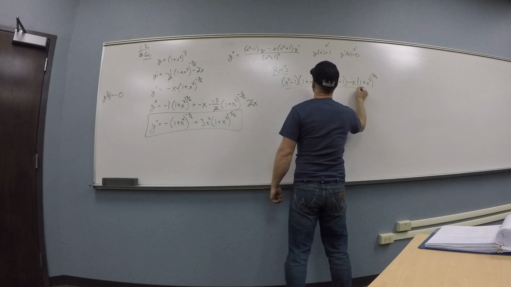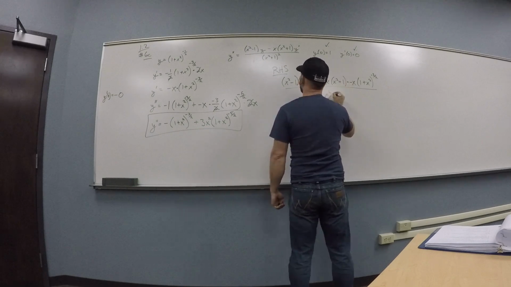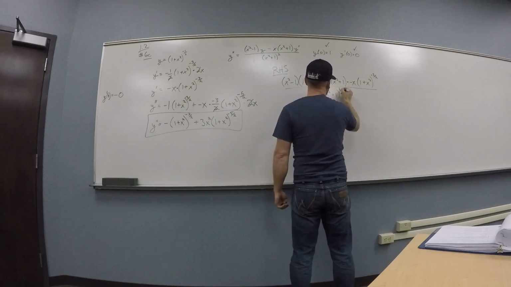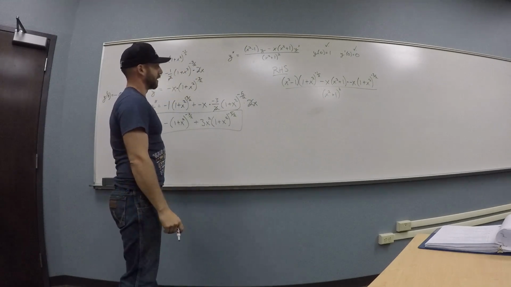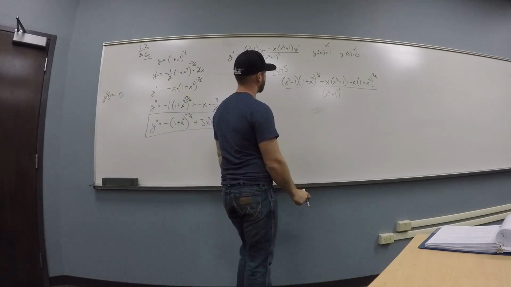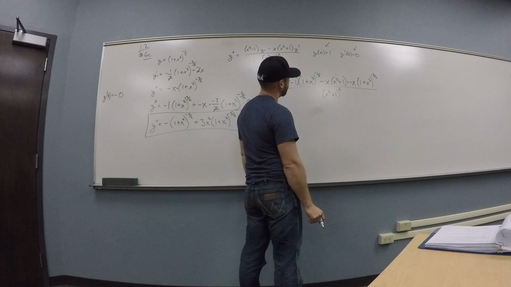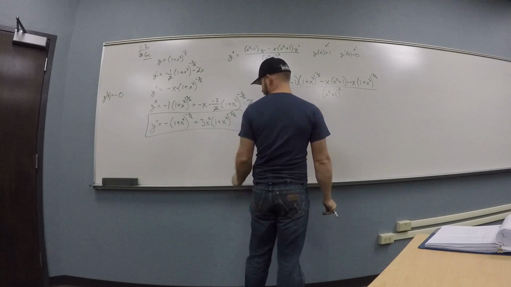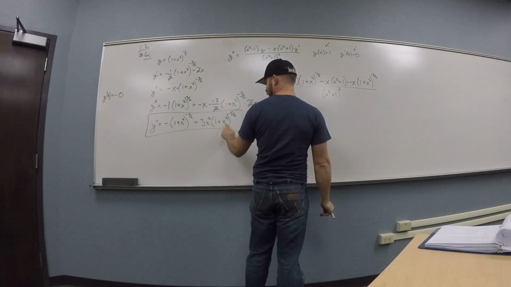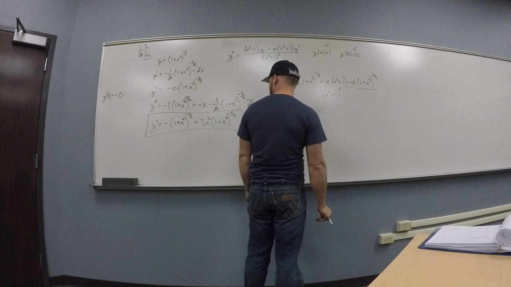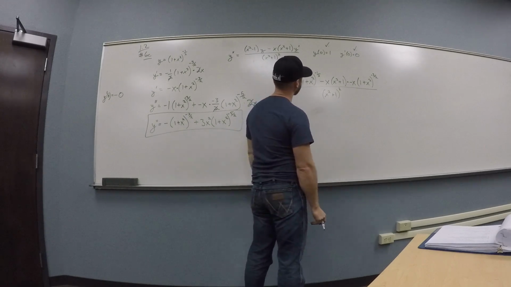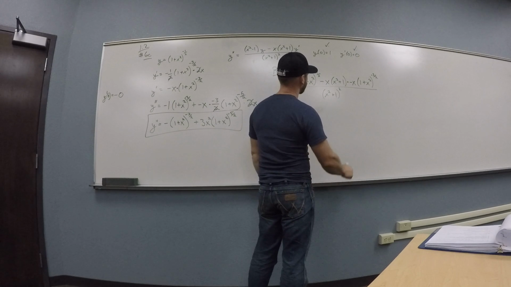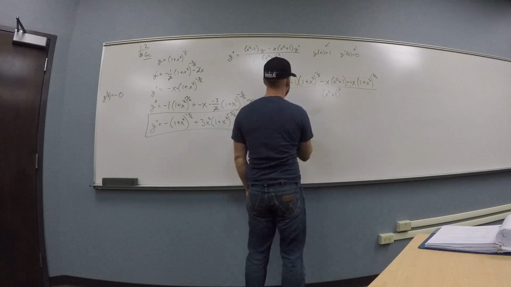And then this whole thing is supposed to be over x squared plus 1 squared. I'm supposed to get lots of 1 plus x squareds on the bottom. Okay, let me simplify this first.